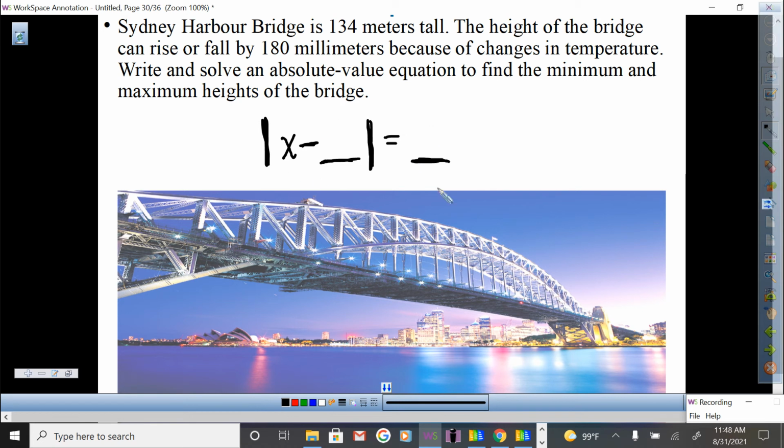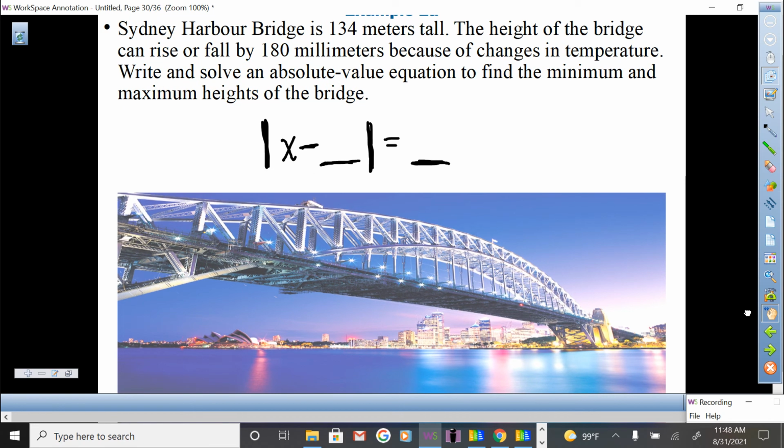This is the same setup any time that I ask you to write an absolute value equation. Now, some of you might be asking, Mr. Q, why is it x minus? Once you get to transformations of functions, we're going to see this general rule that we're going to use, and you'll understand a little bit better. Right now, I don't want to get into the rule yet. This is just a soft introduction. Okay?